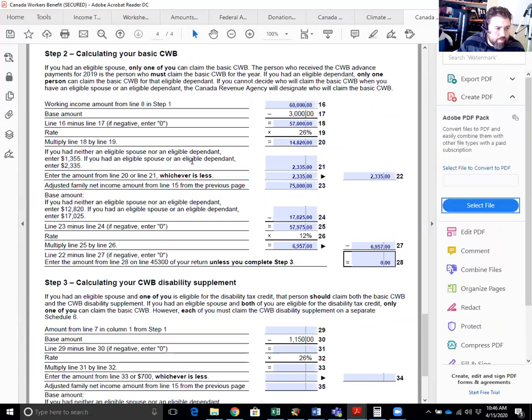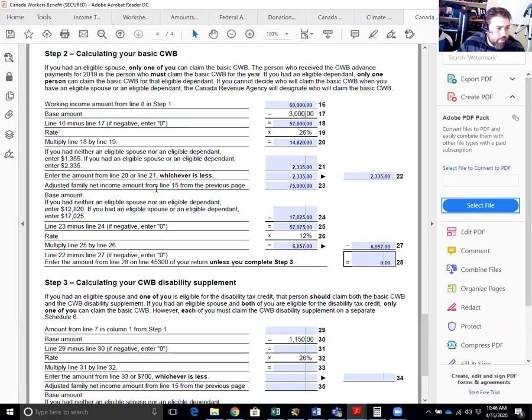If you had an eligible spouse or eligible dependent, enter 2,335. So we put that amount here, pushed it over to the right. So choose line 20 or 21, whichever is less, push that over to the right. So we've got this $2,335 amount on the right.